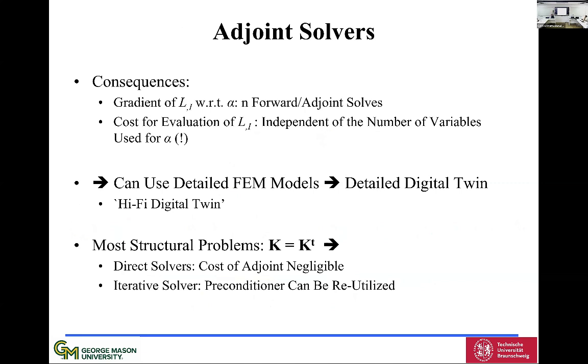So what is very nice is that you have a very limited number of operations to do, regardless of the size of the space alpha that you have. So it's not that because you have more alphas, you have to do more solves. That's the beauty of the adjoint. Okay. So that means we can use a detailed finite element model.